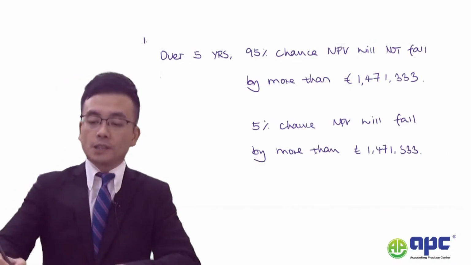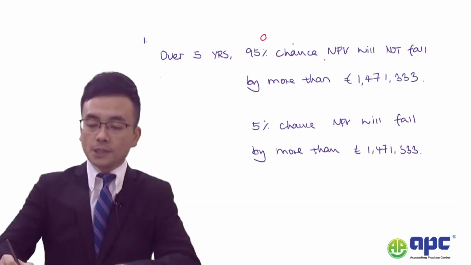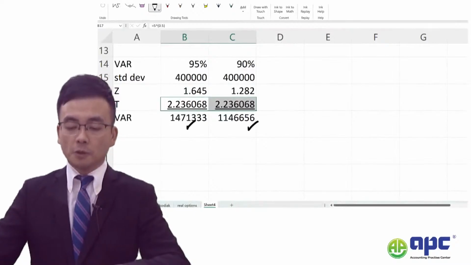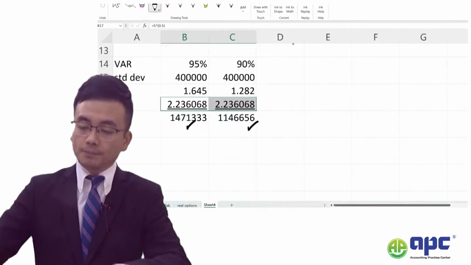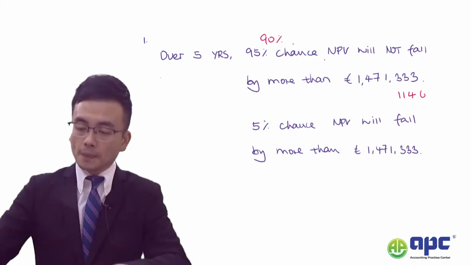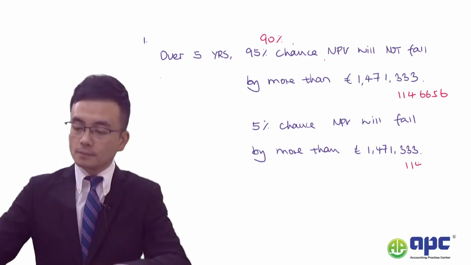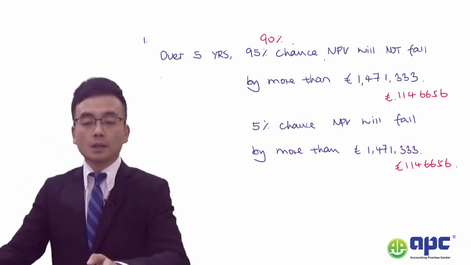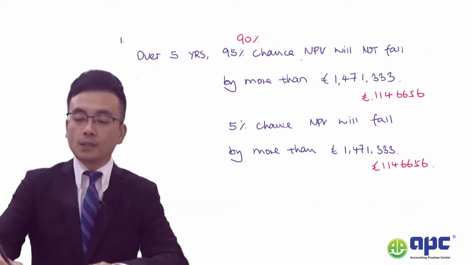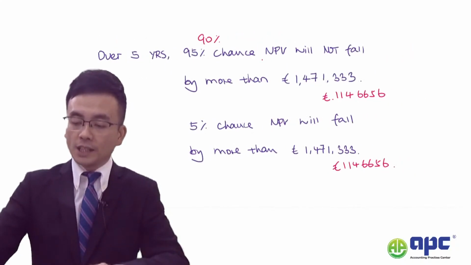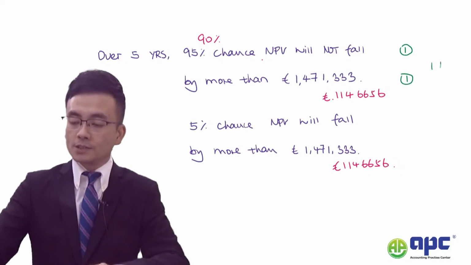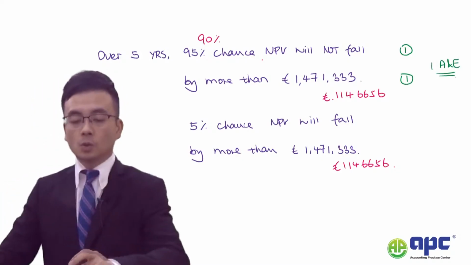For 90%, the figure I calculated is 114,656. Always comment on your result. That will give you one technical mark, and also one analysis and evaluation mark. That's all you would do.